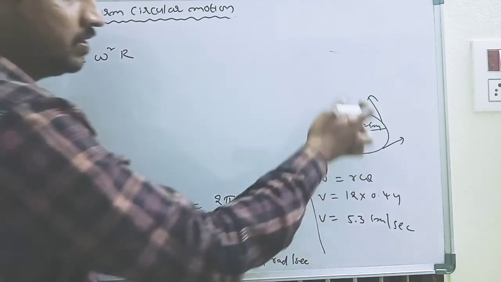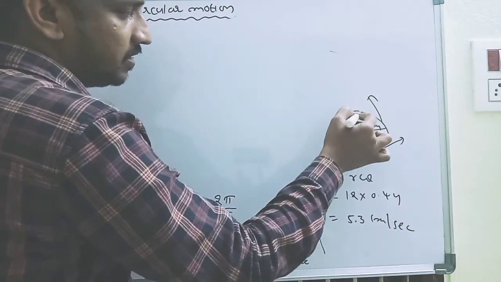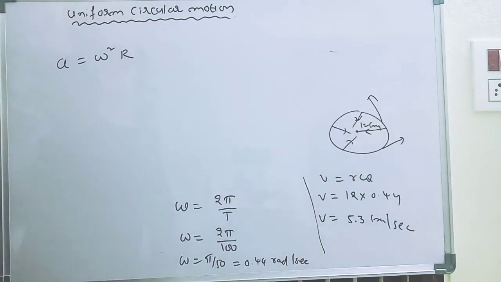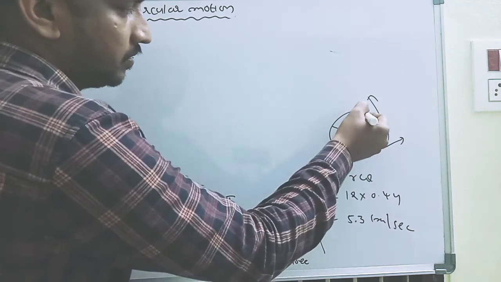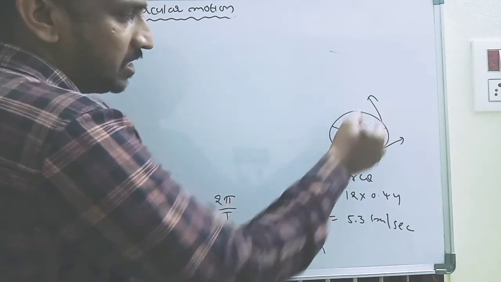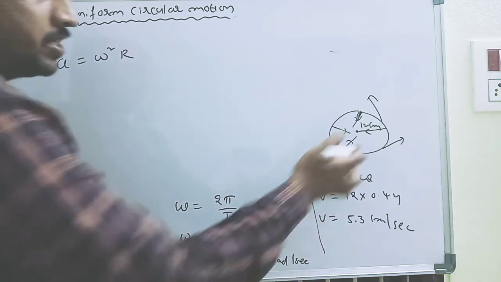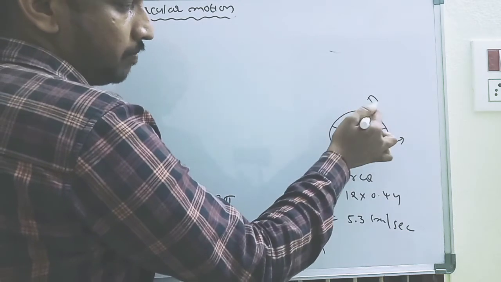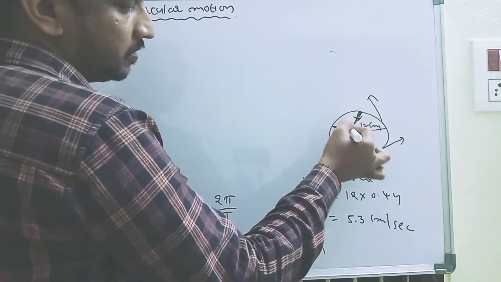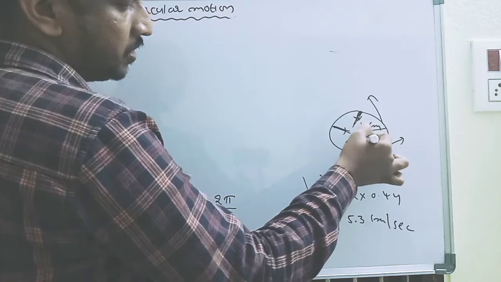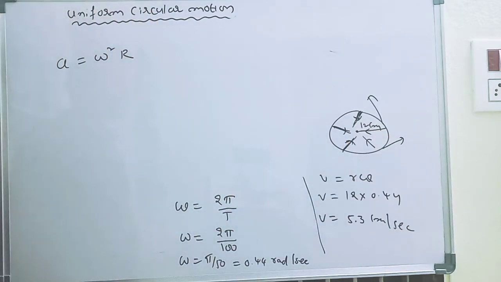Which means the vector is not constant here. The magnitude is constant, the velocity magnitude is constant, but the direction changes continuously. Vector direction changes.